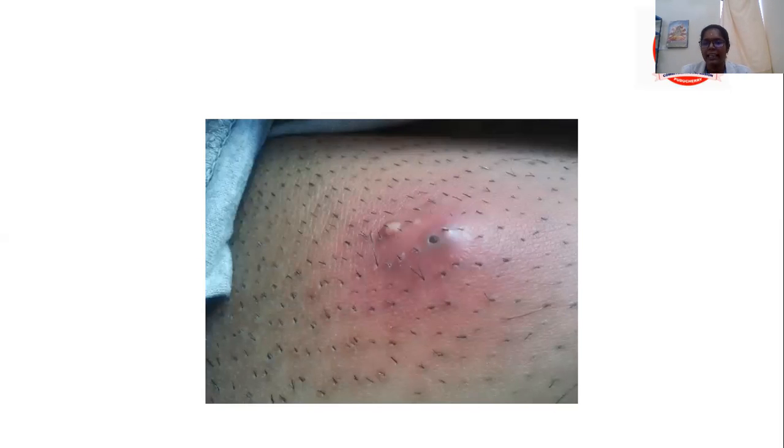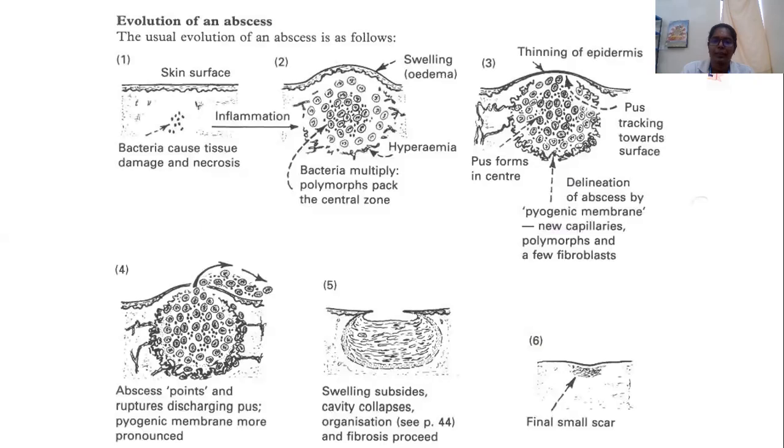This picture will clearly tell you the pus pointing out to the surface, right? And in this picture, you can see how the abscess evolves. In picture 1, there is skin infected by bacteria, which causes local tissue damage and necrosis.